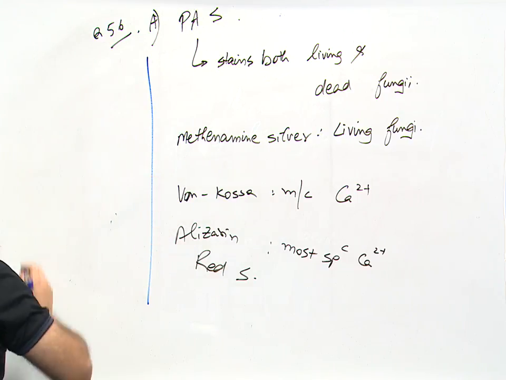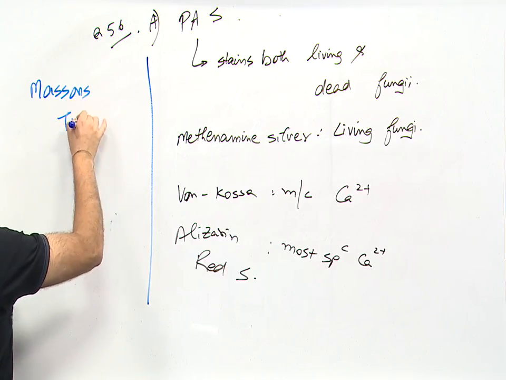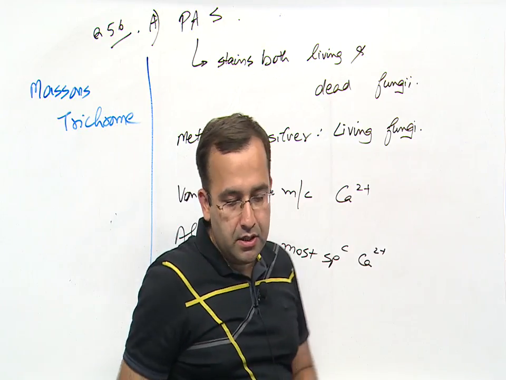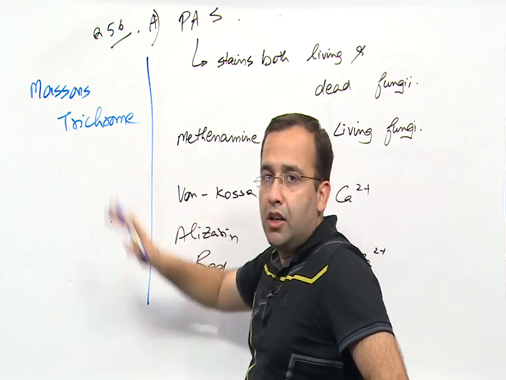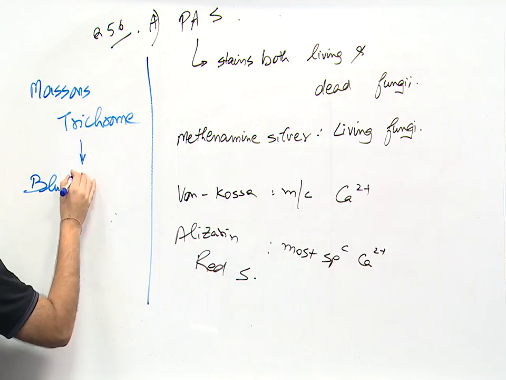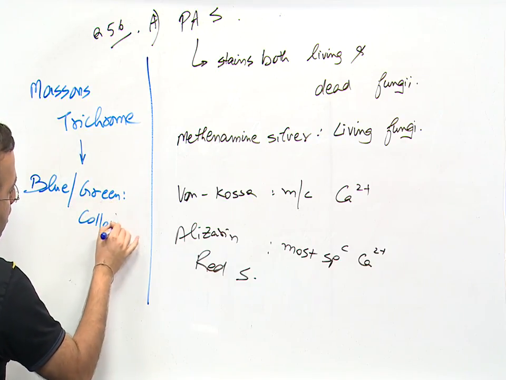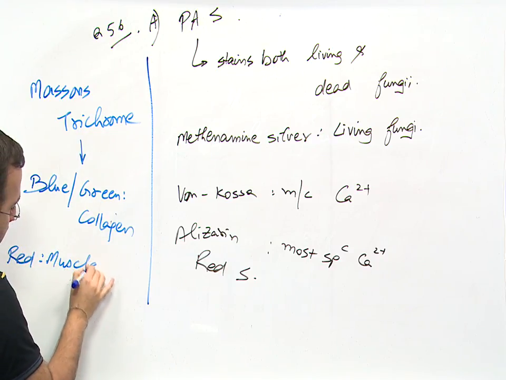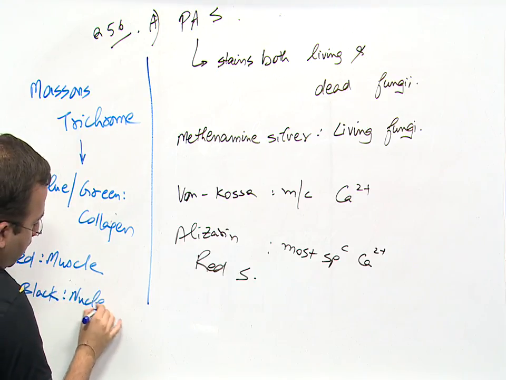Let us see one point about this also. MT or Masson's trichrome. The name tells you everything. Trichrome, 3 colors. The 3 colors that we get in this are blue-green, which is for collagen, red, which is for muscle, and black, which is for nuclei.